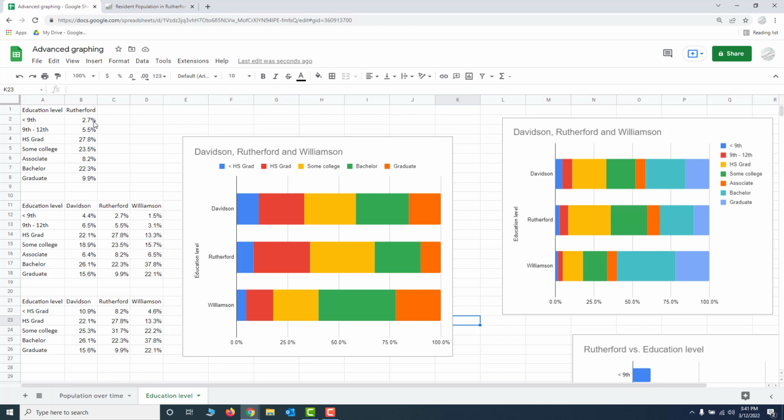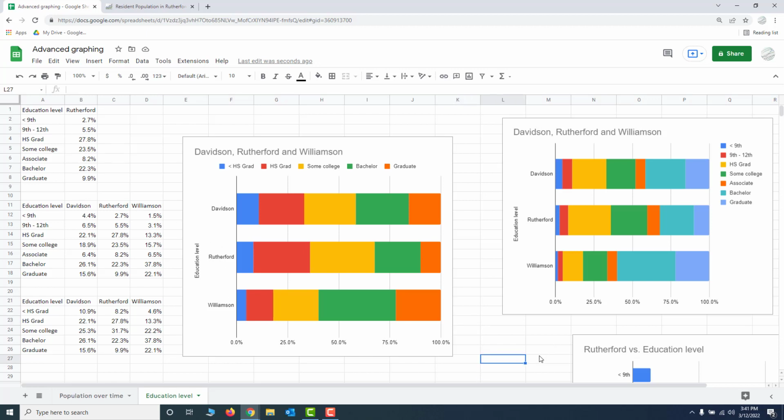You can use a pie chart, you can use a column chart, or what we're doing here, which is a stacked column chart, which enables you to show a bar chart for a whole bunch of different entities, like these three different counties.